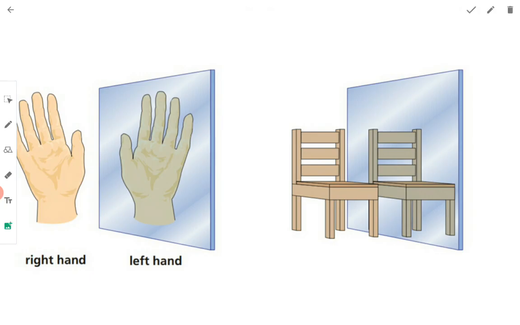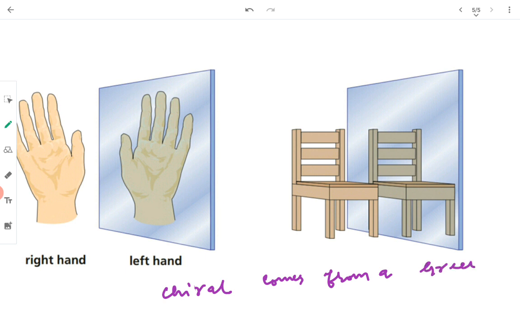Let me explain this. The word chiral comes from a Greek word, Cheir.